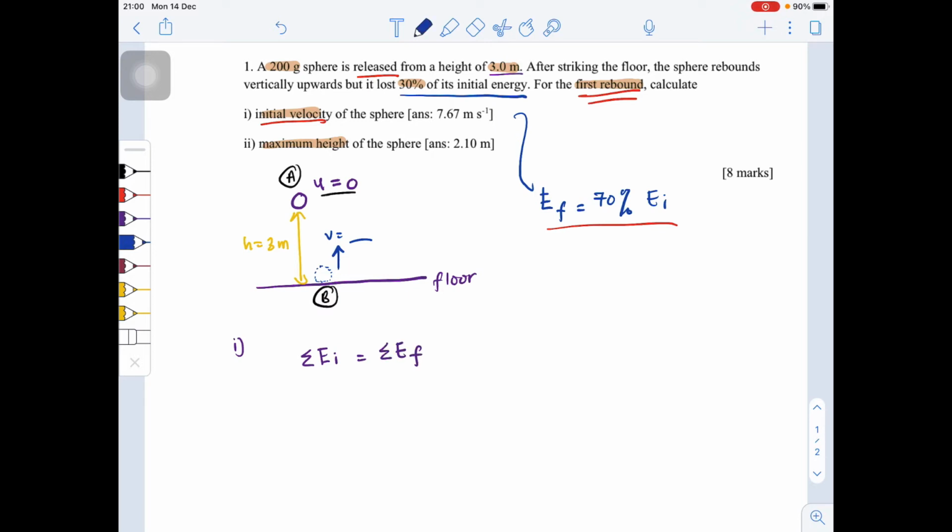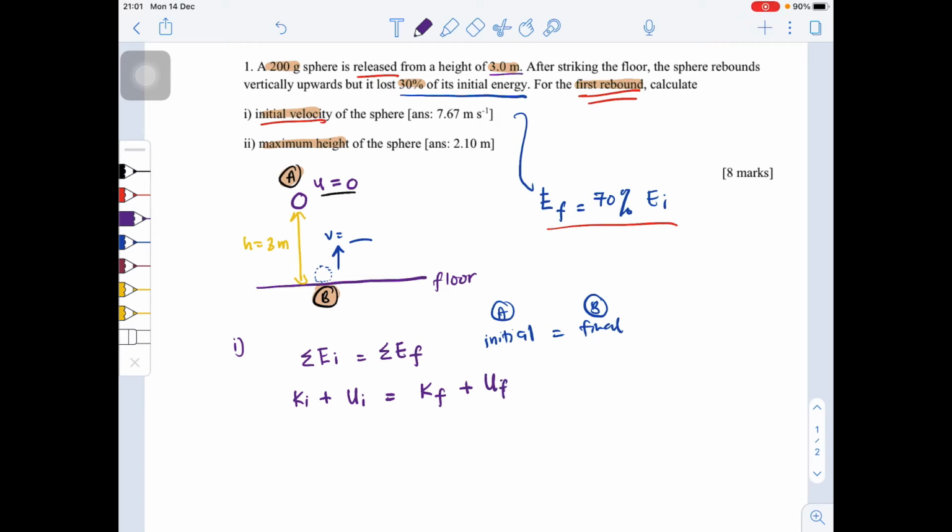Kita assume initial adalah point A dan final adalah point B. Ni sudah letak dekat sini, point A and point B. So we know that initial we have kinetic energy plus potential energy, which is equal to kinetic energy final plus potential energy final.